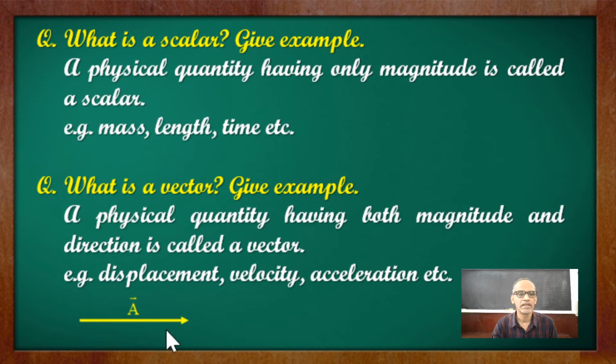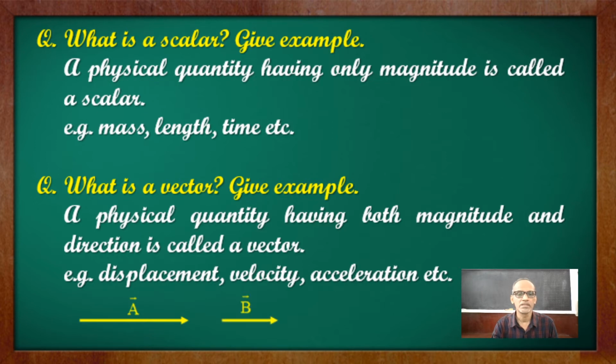The length of the line indicates the magnitude of the vector, and the symbol used for that is a vector notation above a particular quantity. So here it indicates vector A acting along the right hand side direction.